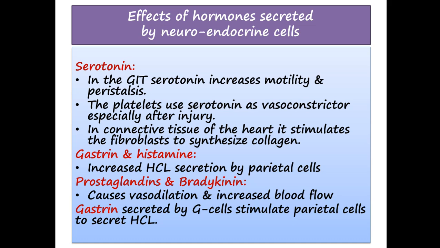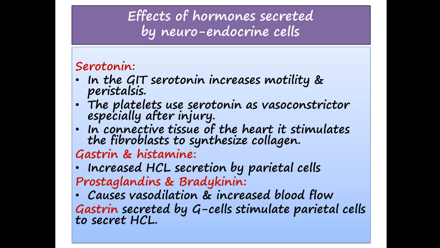But here we especially talk about the increased hydrochloric acid secretion by the parietal cells upon stimulation by the gastrin and histamine, which are secreted by the neuroendocrine cells, the G cells and the E cells.